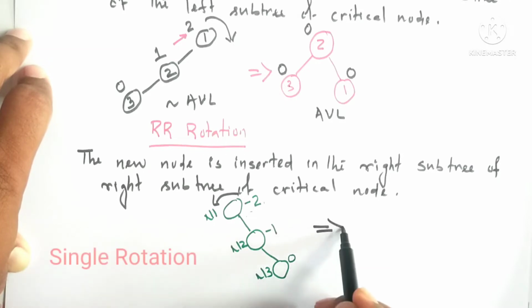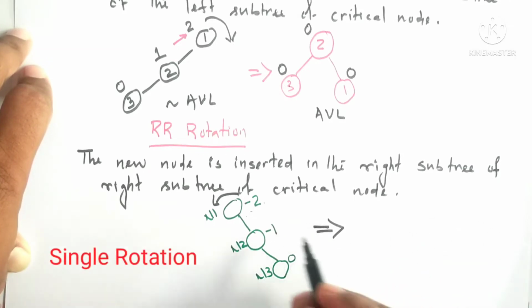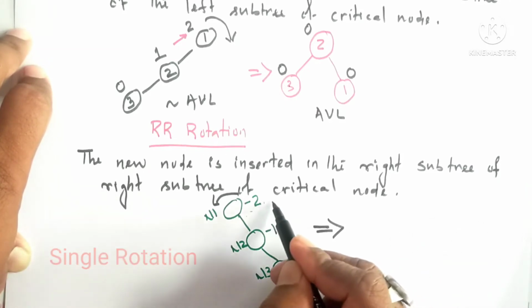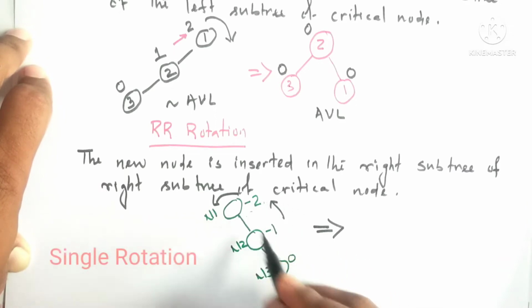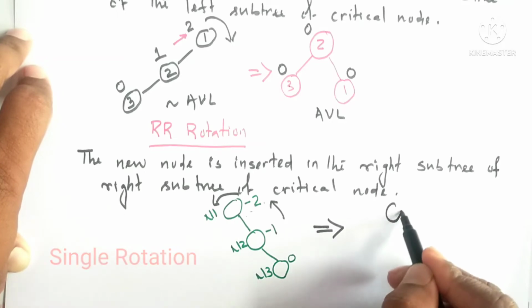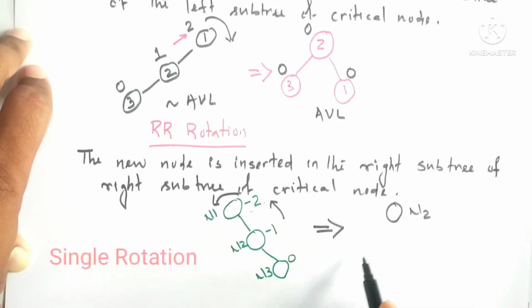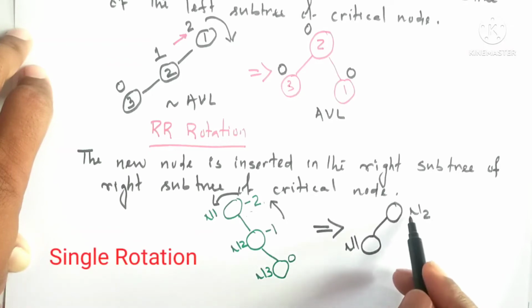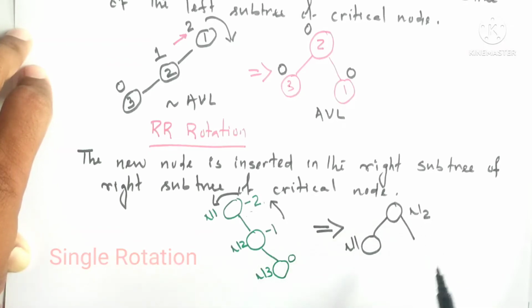Now the tree is going to appear as, you see, N2 will move up, then N1 goes to the left child of N2, and N2's right child will be N3.